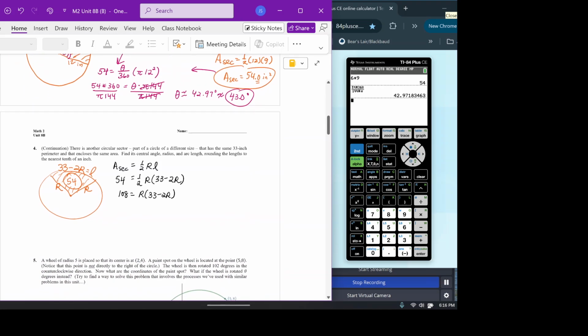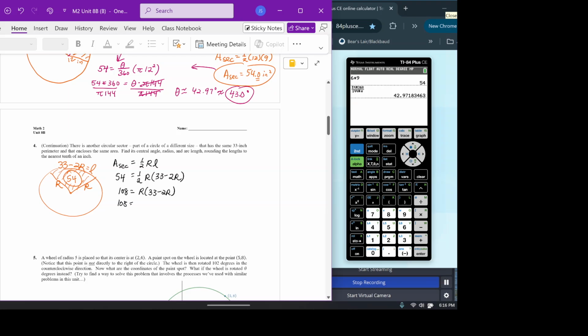And then I can distribute the r, so I get 33r minus 2r squared. Now this is a quadratic, so I'm going to make it equal 0. Let me bring all this stuff over to this side. So it'll be 2r squared minus 33r plus 108 equals 0.